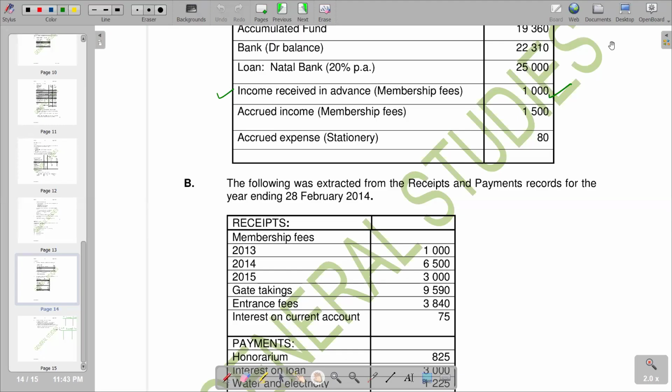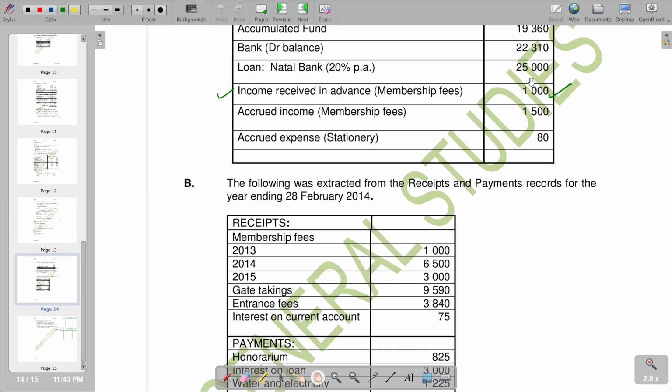So having this now, it means we have our income received in advance of 1,000, which we have entered on the credit side of the income received in advance account. This is membership fees of this period which was received last period.